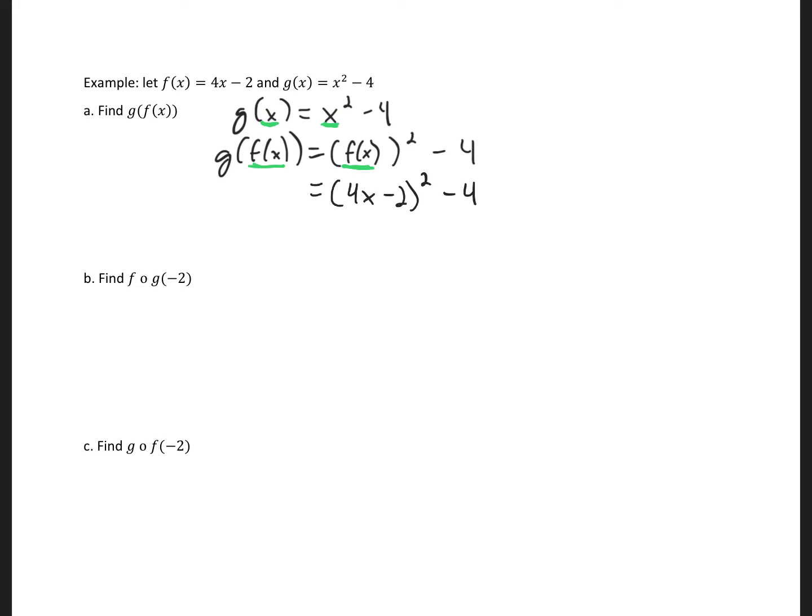If we want to, we can simplify this expression. It's 4x minus 2 times 4x minus 2 minus 4. That's what 4x minus 2 squared means.